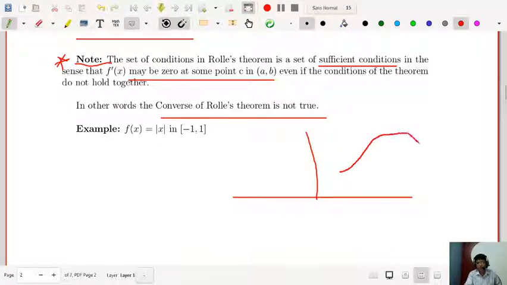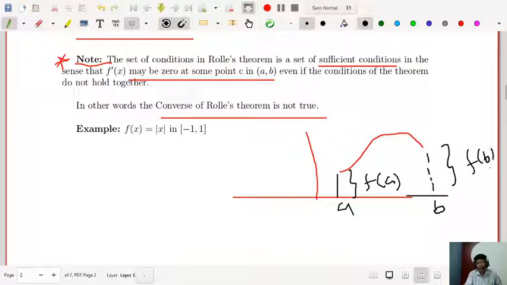You see, this is the curve, and this is your f(a), the ordinate f(a), and if you draw the perpendicular here, this is your point b and this is your f(b), and you see there are points where the tangents are parallel to the x-axis, that is, this is the point c, f'(c) equal to 0. But you check that the third condition is not satisfied. The third condition is not satisfied. So the conditions of Rolle's theorem are sufficient but not necessary.